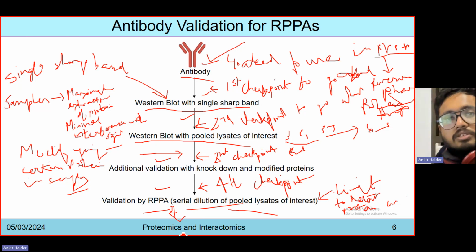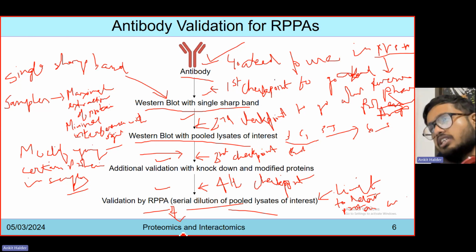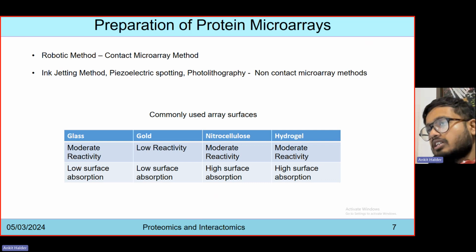Once every step is cleared through the different checkpoints, then only is the go ahead given to use that antibody in the RPPA experiment. So you need to invest a lot of time in validating those antibodies before you can perform the actual experiment. That is one of the major bottlenecks in this particular experiment, right?